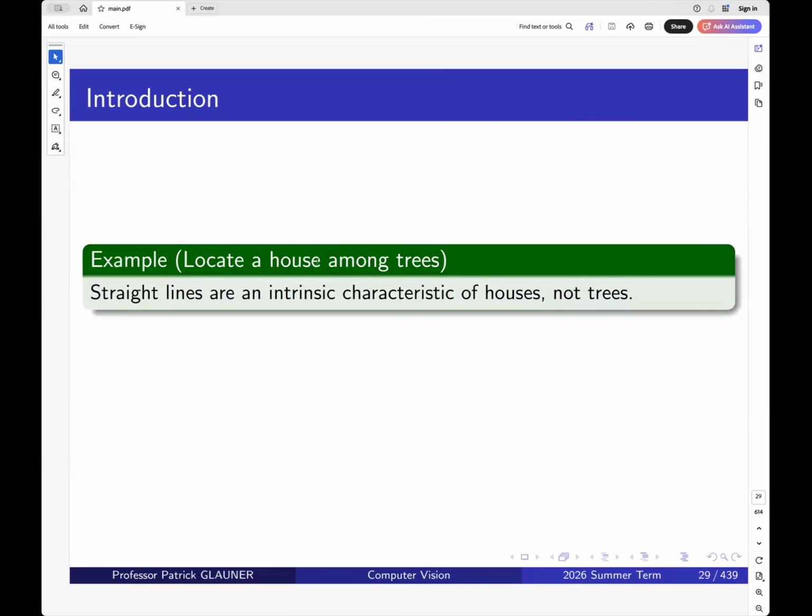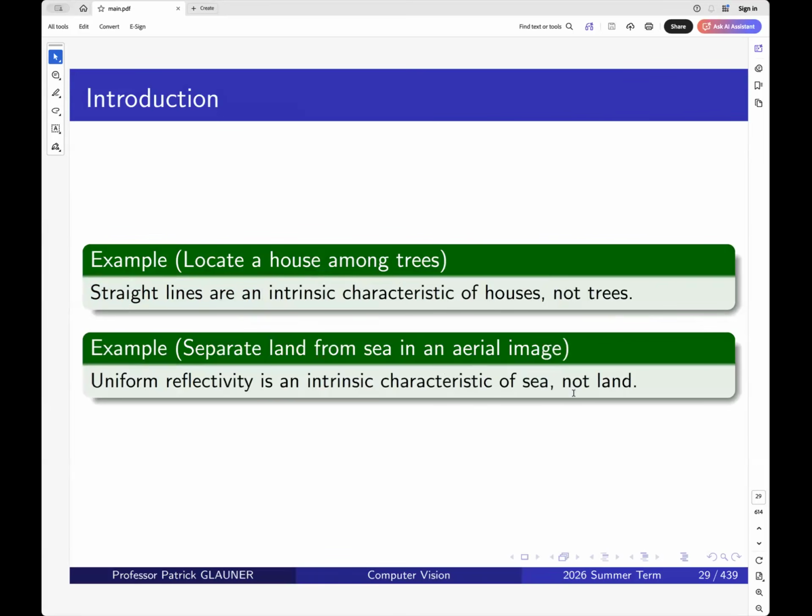So these could be some early questions when you think about designing a vision system. An example could be you want to locate a house among trees, then you could think about maybe very straight lines are an intrinsic characteristic of houses, not trees. Trees are not fully straight, but houses probably are. So that could help us to distinguish between houses and trees in an image. Also, say we have an image and we want to separate land from sea.